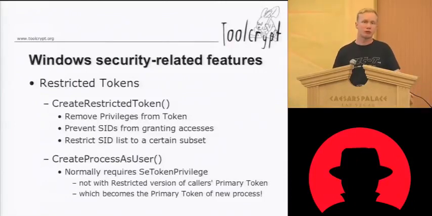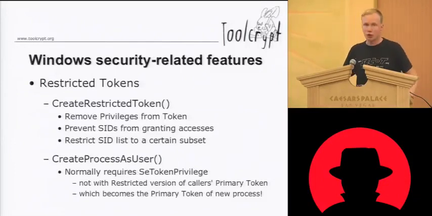So, for example, if you don't trust that code, or if that code is parsing untrusted input that comes from either the network or a file or something like that, you might want to break that off into a separate process and make sure that that process runs with as few privileges as possible. So you can do a number of different things with the CreateRestrictedToken call, where you can prevent SIDs from granting access.